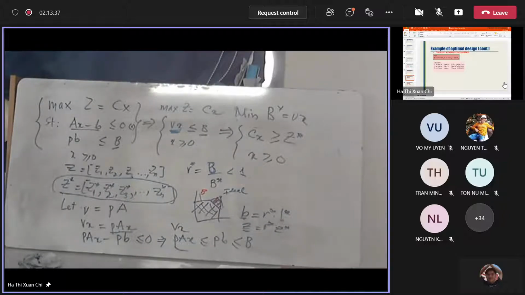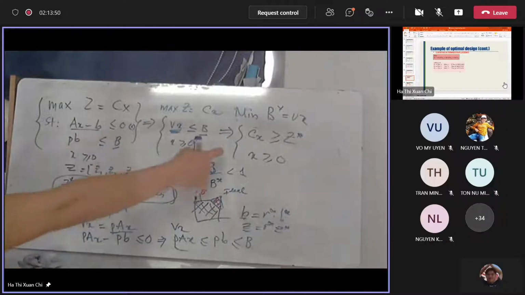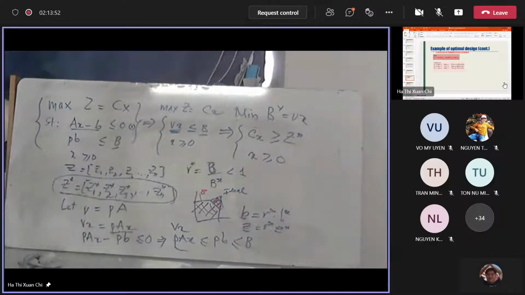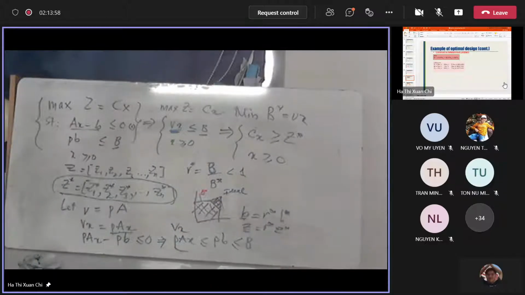Z star that you just get from here, right? Z star, Z star, Z star. Yes, from here. So you have that model. Right now, you can see that it's a single model, single objective. You can solve that easily with the simplex method. And the solution you get is a number.